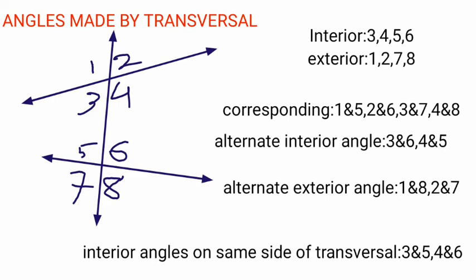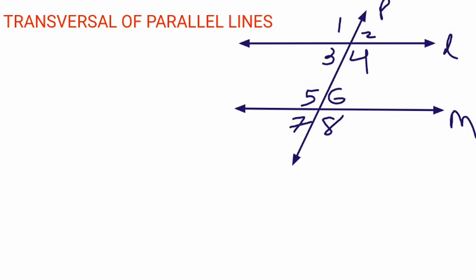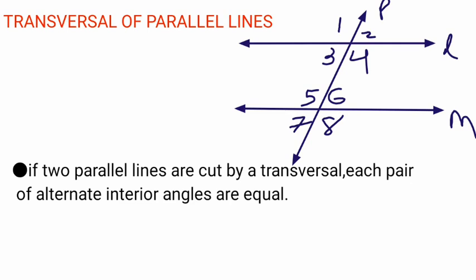Now come to transversal of parallel lines. Here there are 2 parallel lines, line L and line M, and line P is their transversal. Here also there are 8 angles made, angle 1, 2, 3, 4 and angle 5, 6, 7, 8. There are some different properties in the transversal of parallel lines.